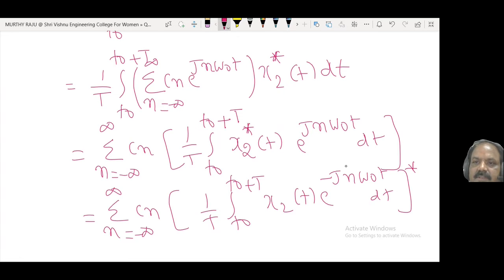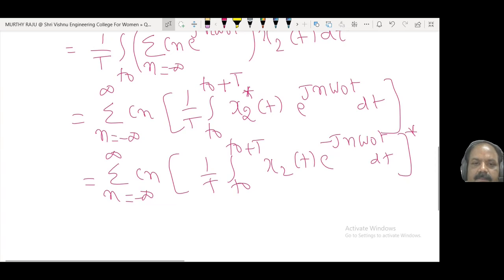Here the conjugate is applied to e power j n omega naught t, so the minus term is replaced with plus. Write this in this form.